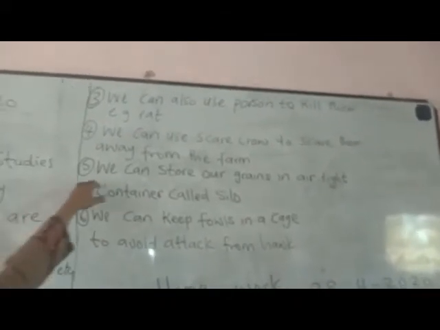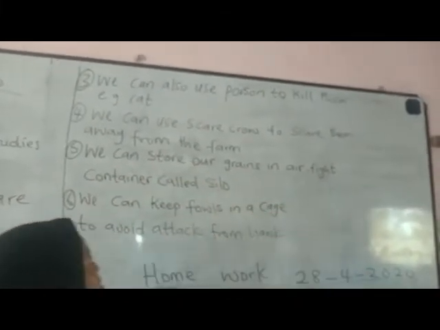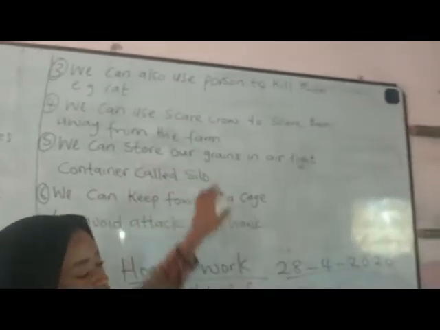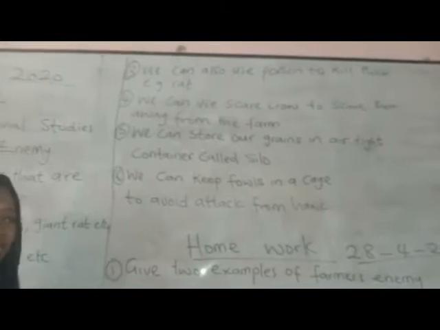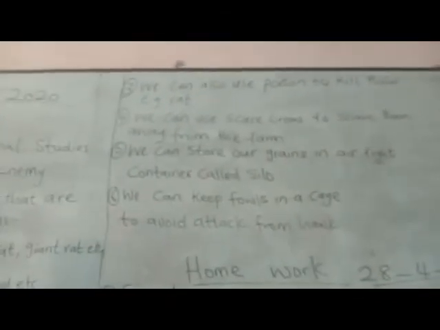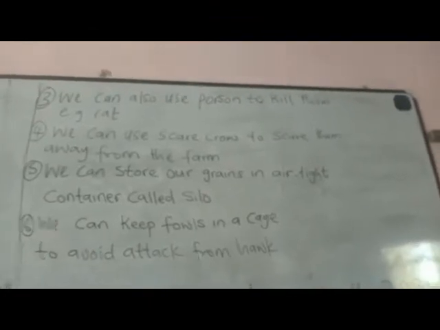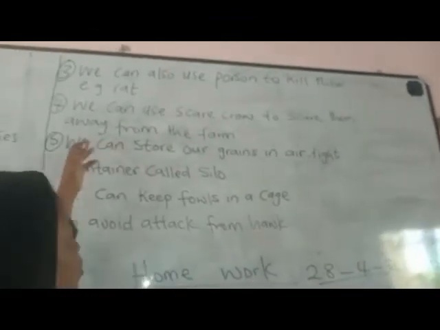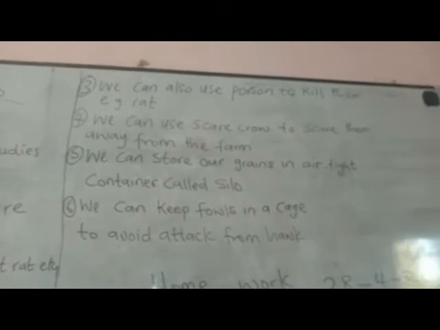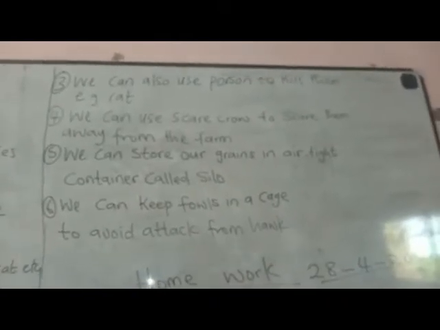Now, we can also store our grains in an airtight container called silo. Examples of grains like beans and maize, you can put them in an airtight container. You cover it very well so that this weevil that normally destroy them will not have way to enter.